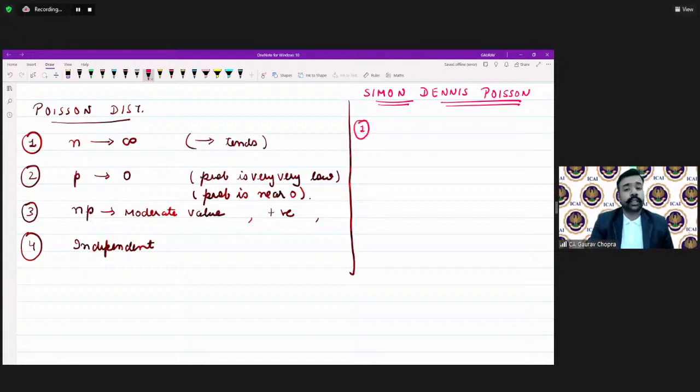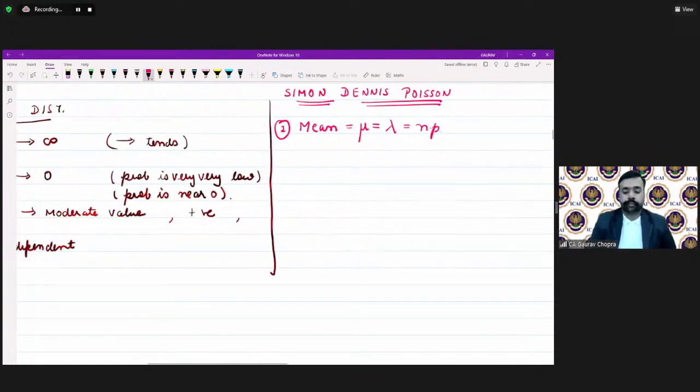The first formula is for calculation of mean. How do we calculate mean in case of Poisson distribution? Mean can be denoted as mu as well as lambda. And what will be the formula? The formula is n multiplied by p.